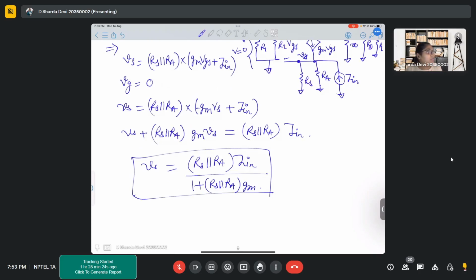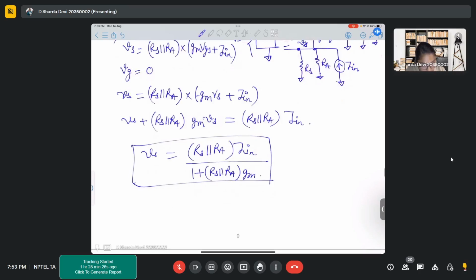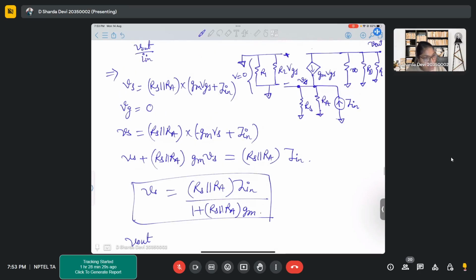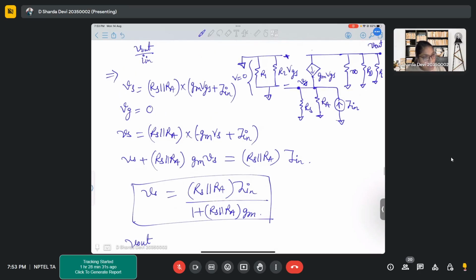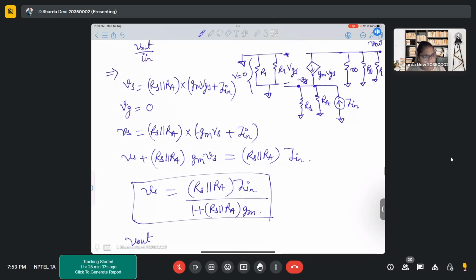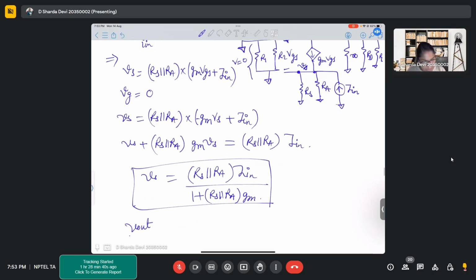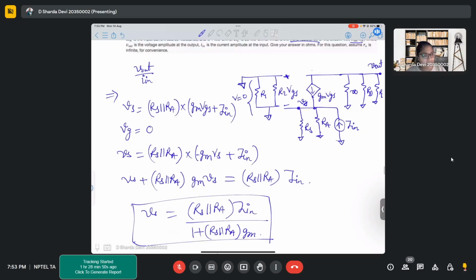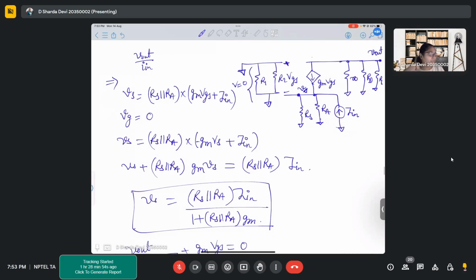Now, how do we find V out? Let's simply write KCL. V out by R naught parallel RD parallel RL plus gm VGS equals 0. There are two branches from V out, so both branches sum to 0.